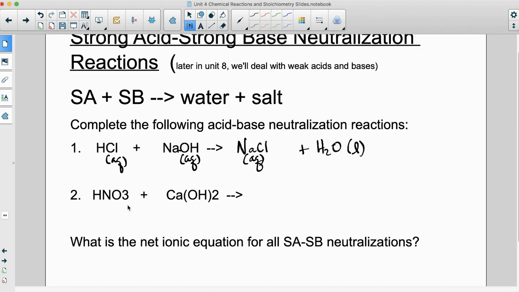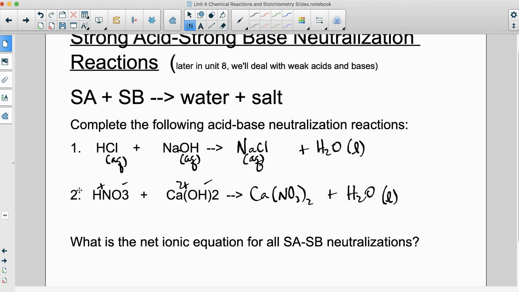Here we have HNO3 plus calcium hydroxide. I need to fix those subscripts. So here, again, let's do the double replacement. So we get calcium, that's 2 plus, this is minus, plus, minus. Calcium nitrate plus water. Water is a liquid.